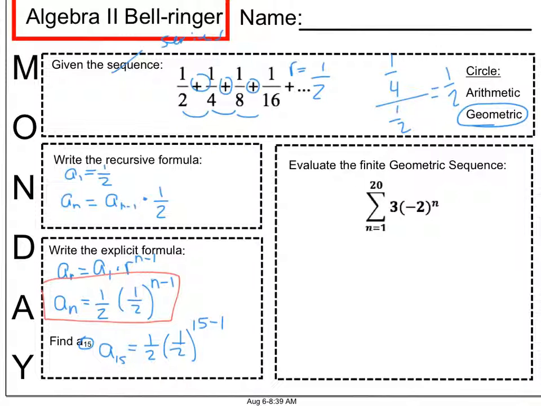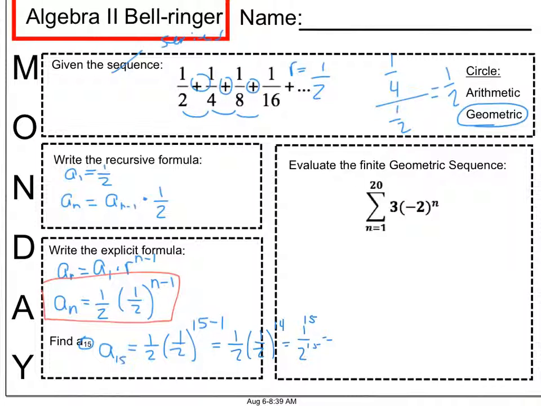Now you may want to plug this into your calculator, but just making some simplifications, I know that 15 minus 1 is going to be 14, so I really have 1/2 to the 14th power, but when I multiply by 1/2 again, I really have it to the 15th power again, so we can separate that if we want to make a calculation that's a little bit easier.